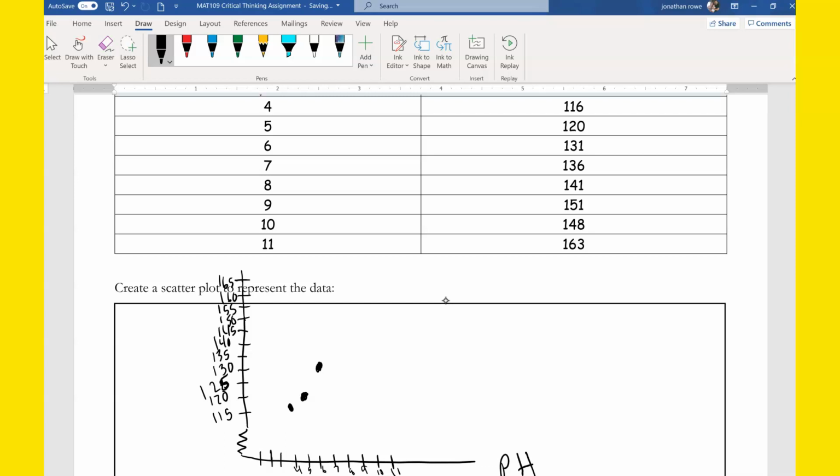Just do a decent job of this. (7, 136). (8, 141). (9, 151). (10, 148). (11, 163).